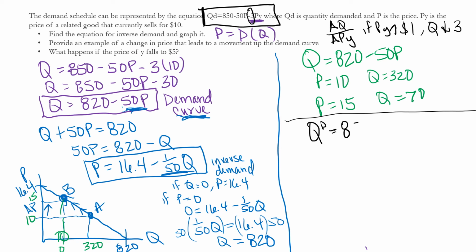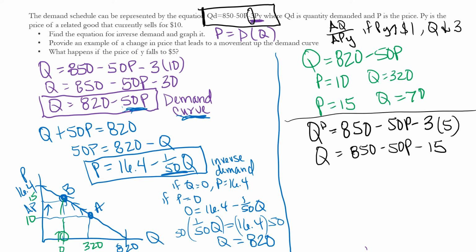Quantity demanded equals 850 minus 50P minus 3 times now, instead of 10, I'm going to do 5. So Q equals 850 minus 50P minus 15. 850 minus 15 is equal to 835. There is my new demand curve.